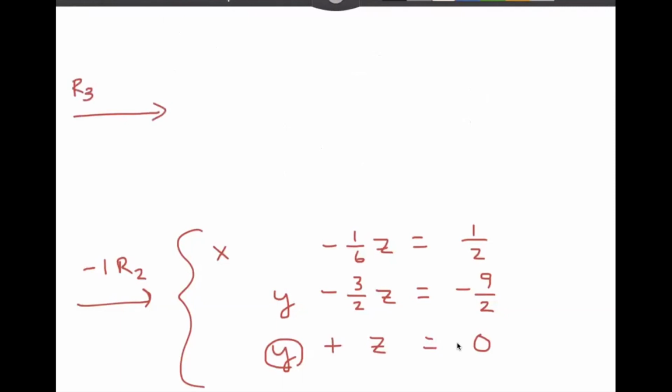And the way that we're going to change row 3 is by adding -1 times row 2. You can also think of this as row 3 minus row 2. Okay, so again, only changing row 3. So we're going to keep row 1 just the way it is. We're going to keep row 2 just the way it is.